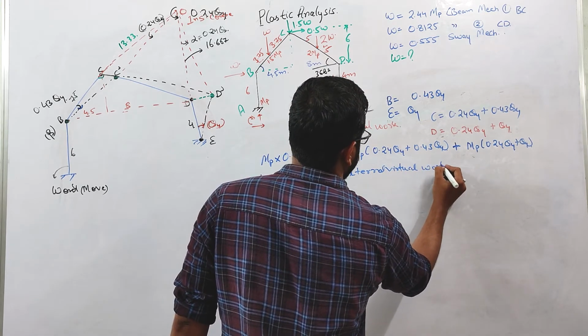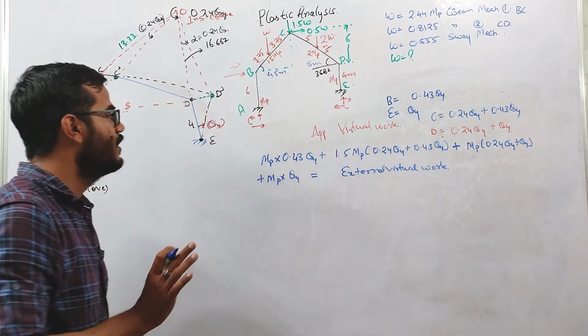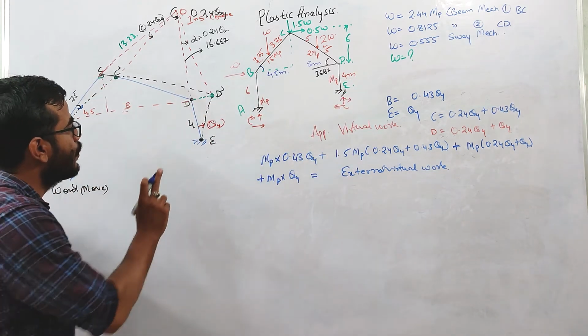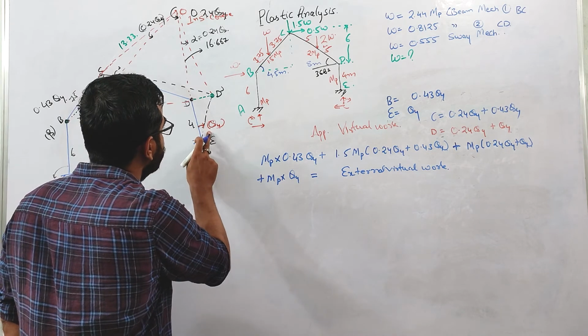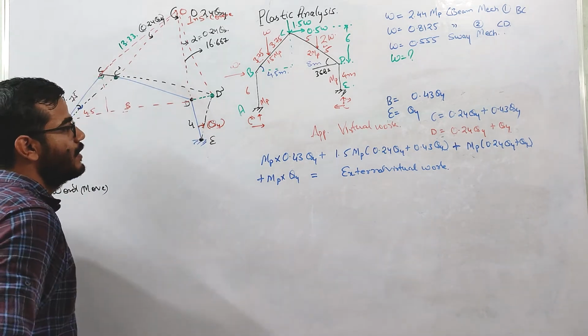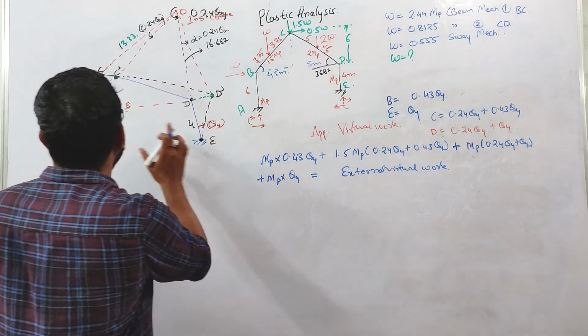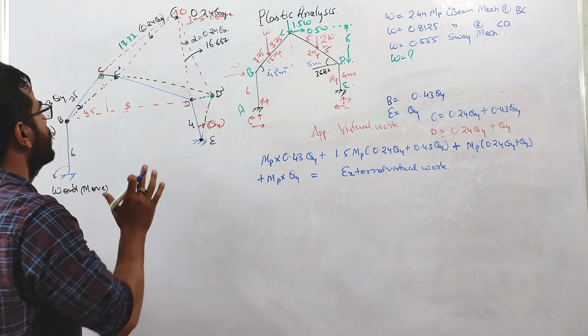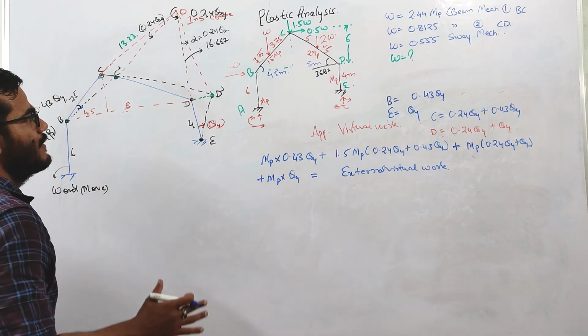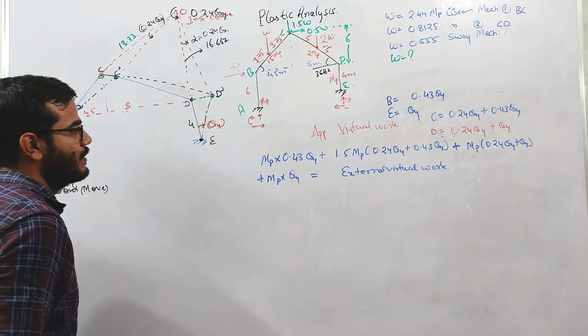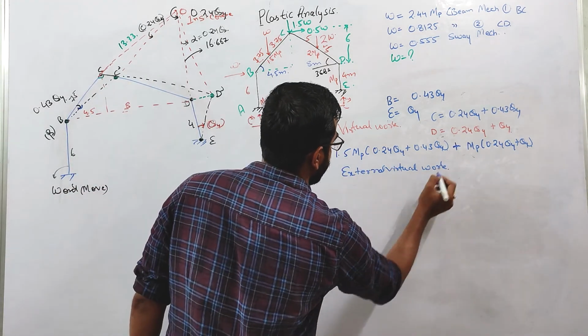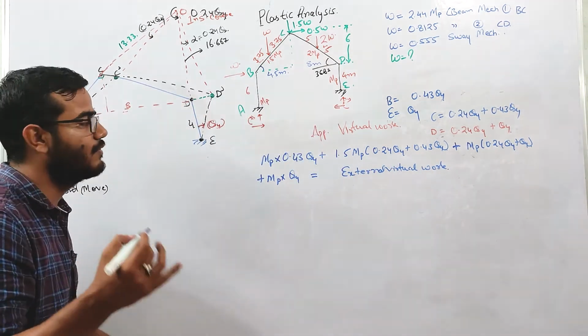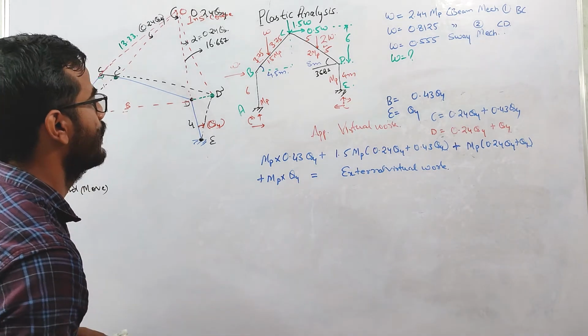This is the internal virtual work. Why is it virtual? Because this is the virtual displacement theta 4 which you are giving. Due to this theta 4, there will be some virtual displacement under the loads at the points where the load is acting. In that way, the external virtual work concept comes from there.